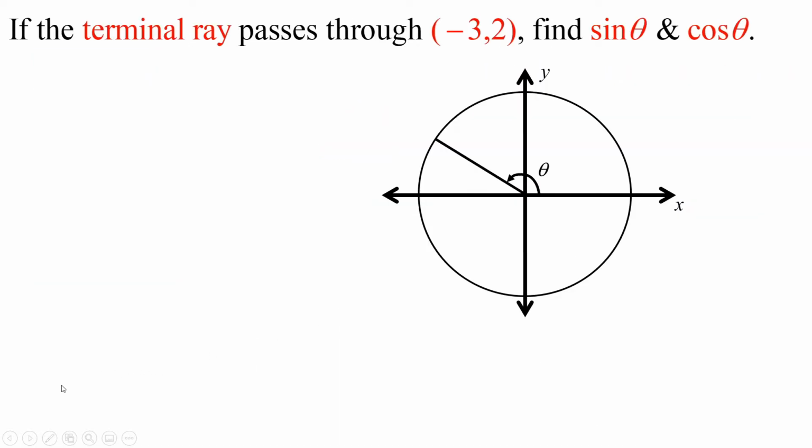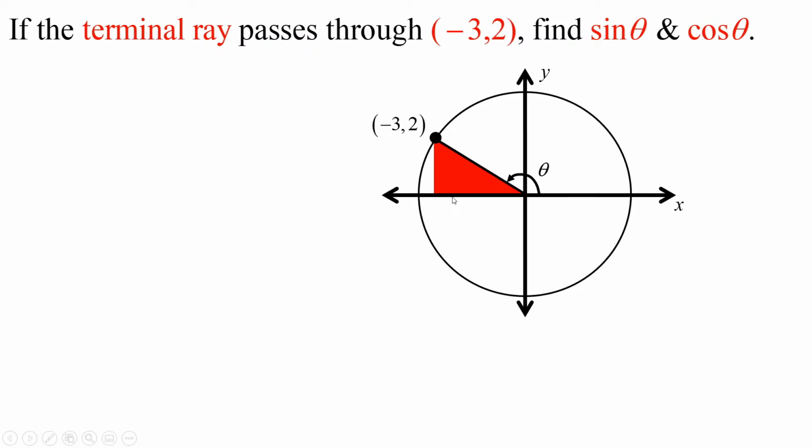So, you're going to see problems like this today, and these are very important problems. If the terminal ray passes through (-3, 2), so that's a point on the circle in quadrant 2, find sine of theta and cosine of theta. So if I have a quadrant 2 angle, I'm going to draw a quadrant 2 right triangle, so it's easy for me to see. Let's go ahead and list the legs of this triangle.